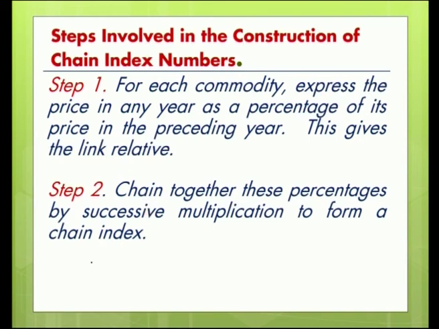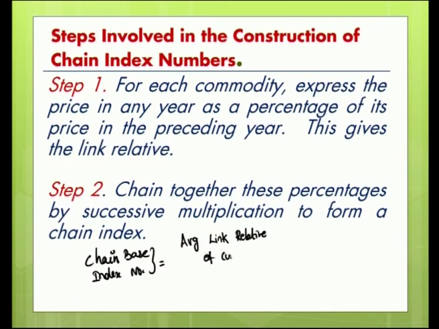So, the chain base index number formula is: average link relative of current year into preceding year chain base index, divided by 100.